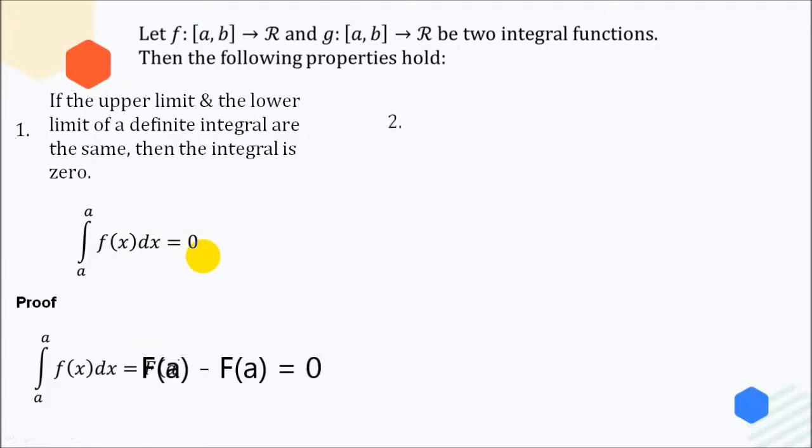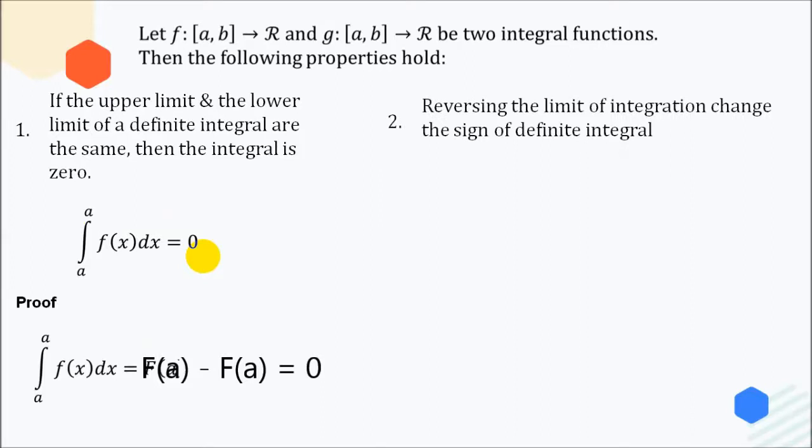For the second property, reversing the limits of integration changes the sign of the definite integral. If we have the integral of f(x) dx from a until b, this is equal to negative the integral of f(x) dx from b until a. So here we have a different upper limit and lower limit.